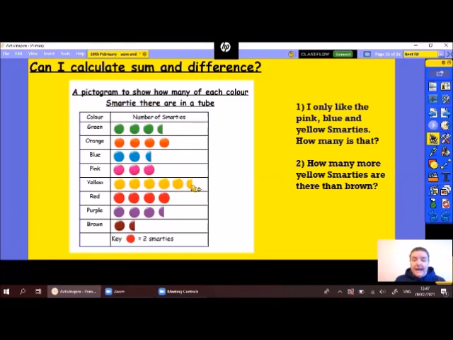Yellow, we know from just now, made 11 in total. And brown is 2.5 pictures, so that's 3. So we've got 11 and 3. So if we're finding the difference, I can do 11 take away 3 to find out what the gap is between them, how many more I would need for brown to make it the same as yellow. So 11 take away 3 makes 8 in total.